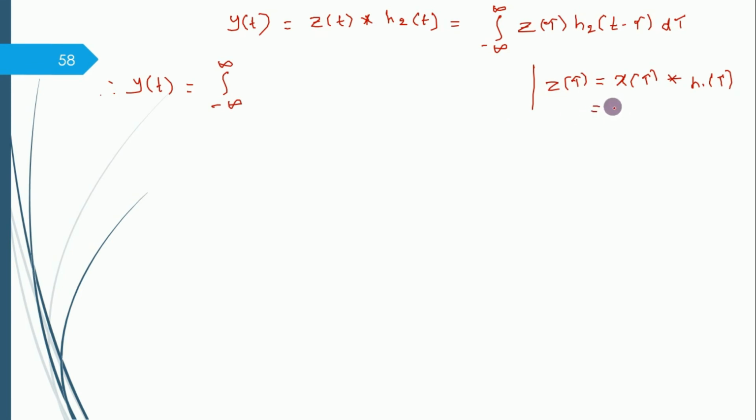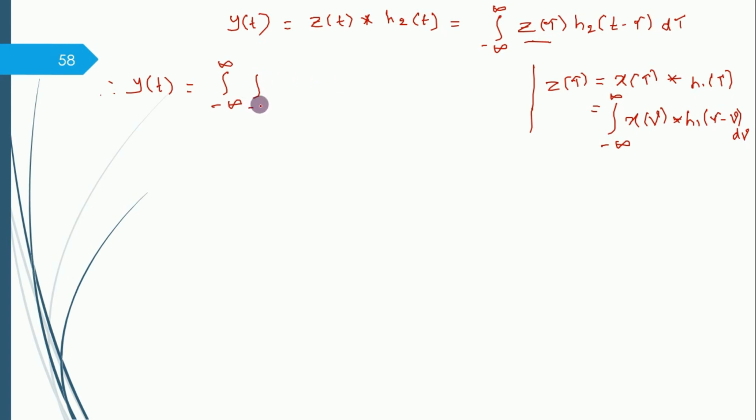Or else this can also be written as integration from minus infinity to plus infinity x of v, I don't use tau, tau is already used, I use v, convolved with h1. In place of t I am having tau here, hence tau minus v, dv. This is the formula. So I substitute it in place of z of tau.